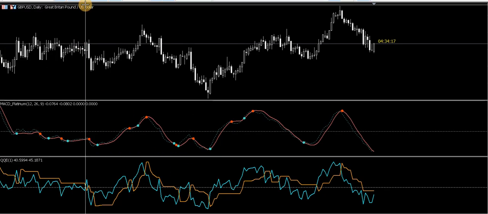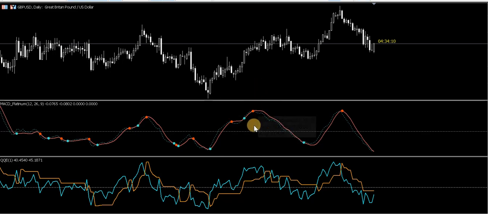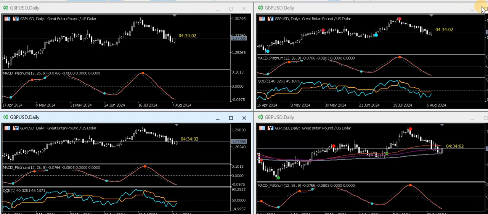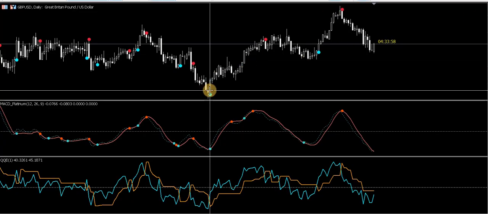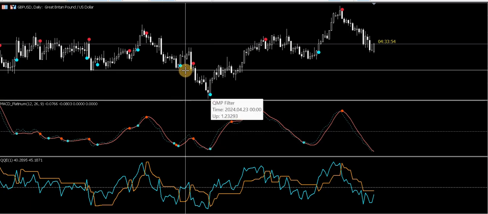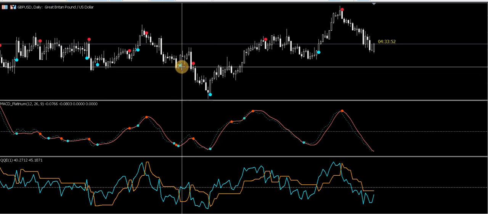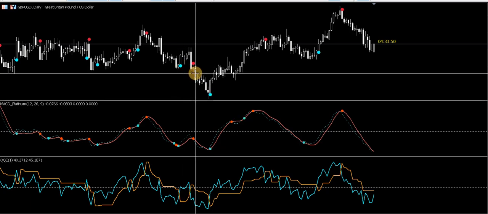Hence, I had the QMP filter built. So remember, this is called the MACD Platinum. This is called the QQE Advanced. So let's go and have a look. All I've done is build this indicator, the QMP filter. Now, I don't know why I called it a filter.